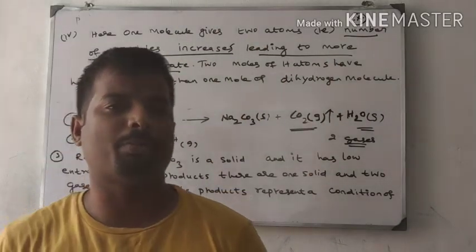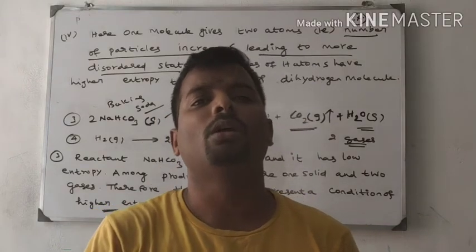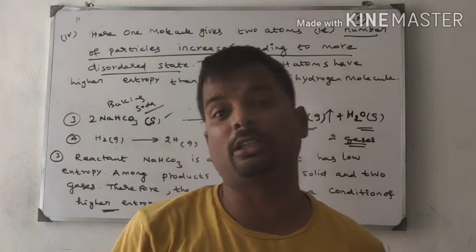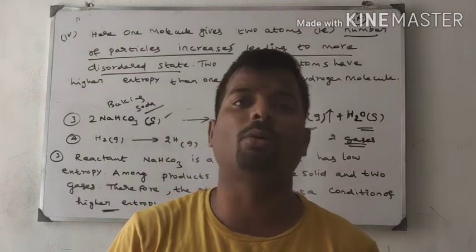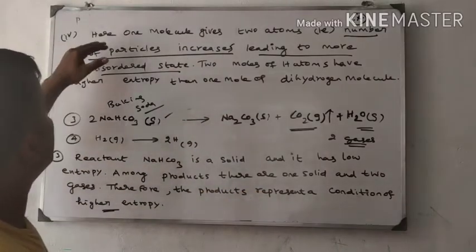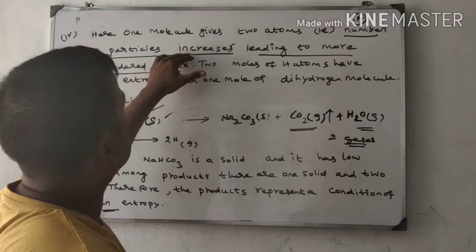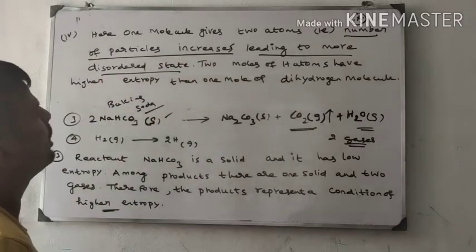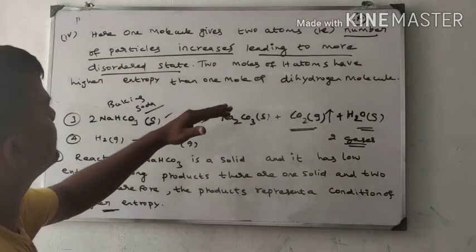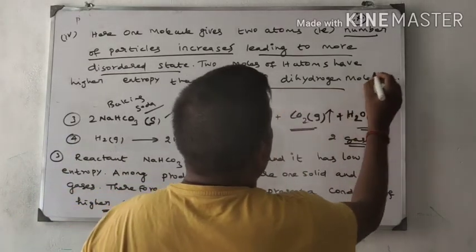Only one molecule is present in a particular volume, I break it down into two, the number of particles increases, and the chance of entropy starts because they collide with themselves. Therefore, here one molecule gives two atoms, the number of particles increases, leading to a more disordered state. 2 moles of hydrogen atoms have higher entropy than 1 mole of hydrogen gas.